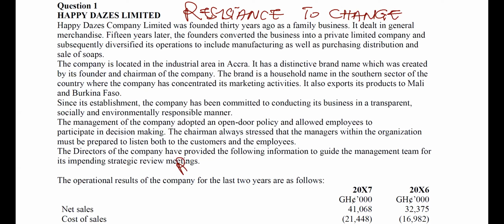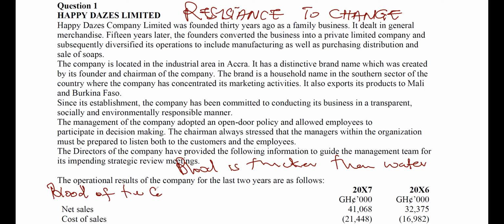We say blood is thicker than water, not so? But this is the short version of it. The actual statement is the blood of the covenant is thicker than the water of the womb.